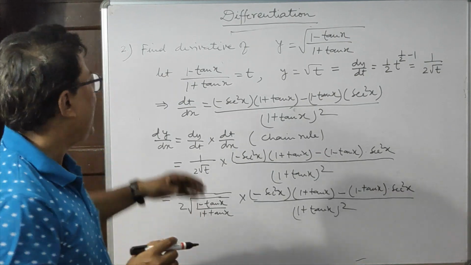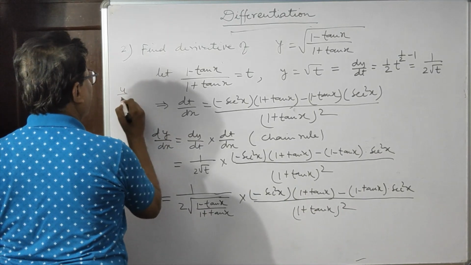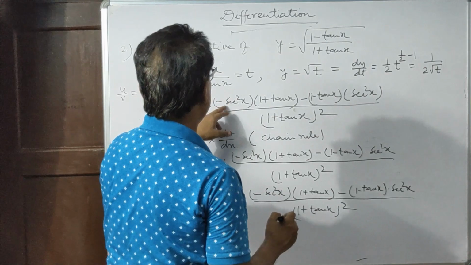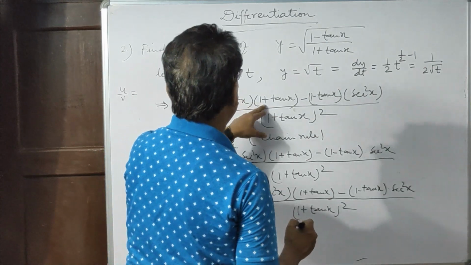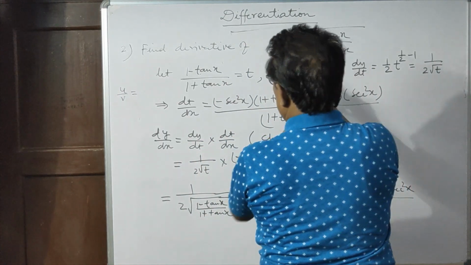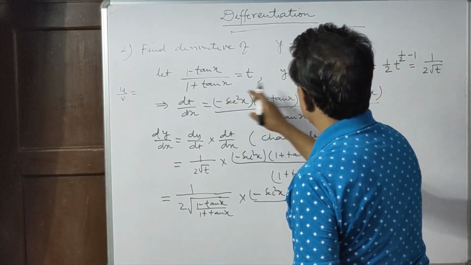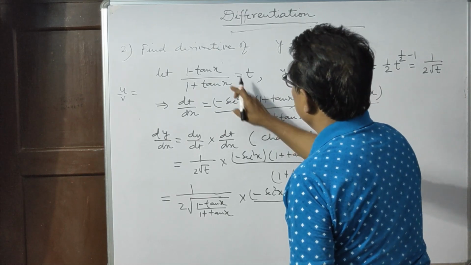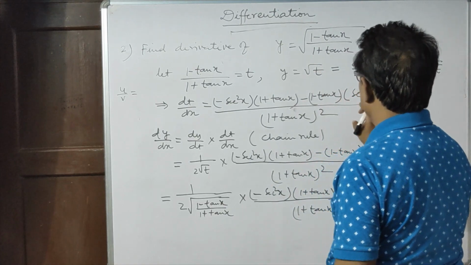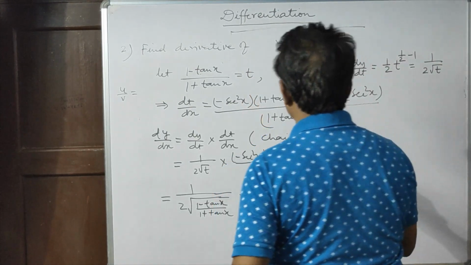We know that the quotient rule is given by the derivative of the numerator and the product of the denominator minus the differentiation of the denominator into the numerator. So you will get this much, over 1 plus tan x whole to the power 2.